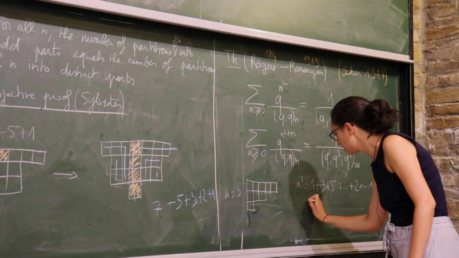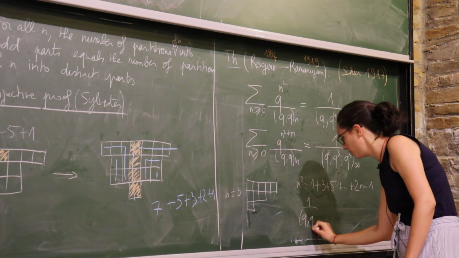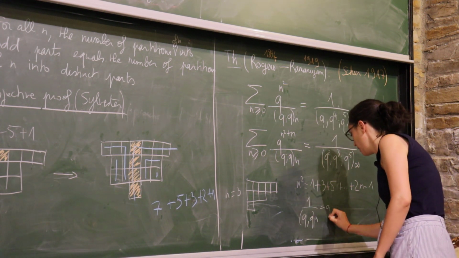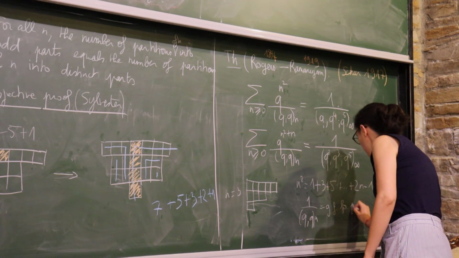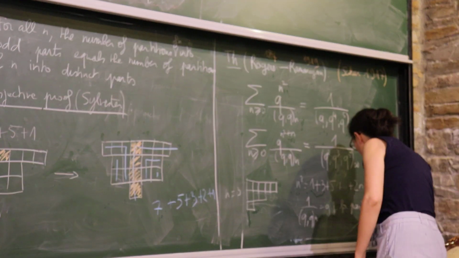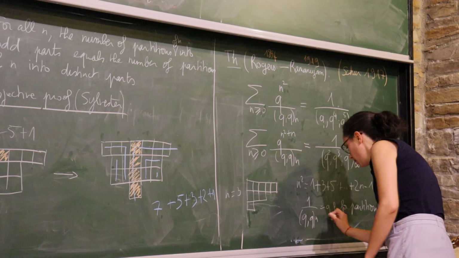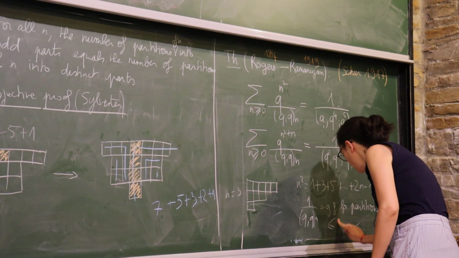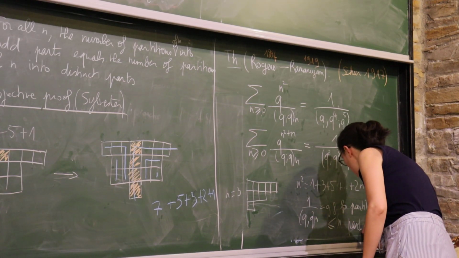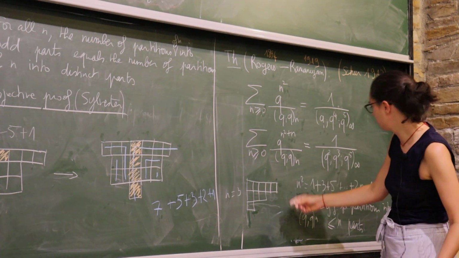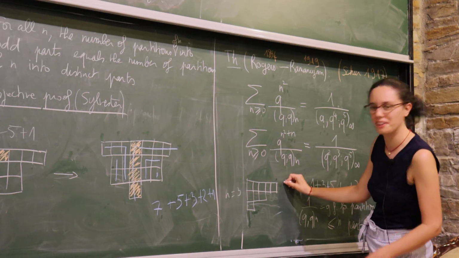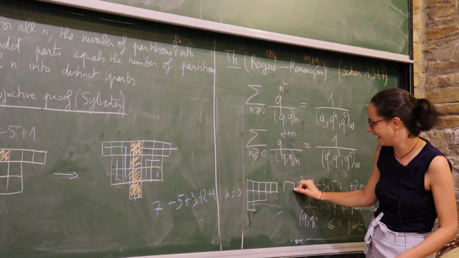So maybe I also write that. 1 over (q;q)_n, generating function for partitions into at most n parts. Okay, so here we will take some small example because I don't have enough space again.